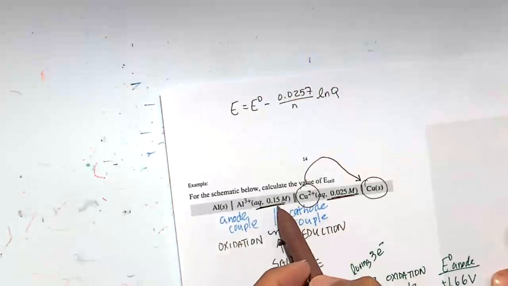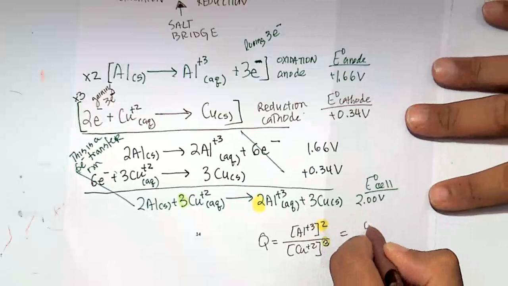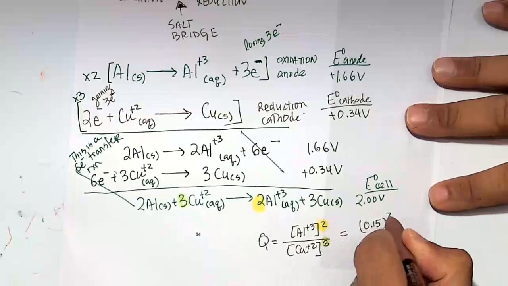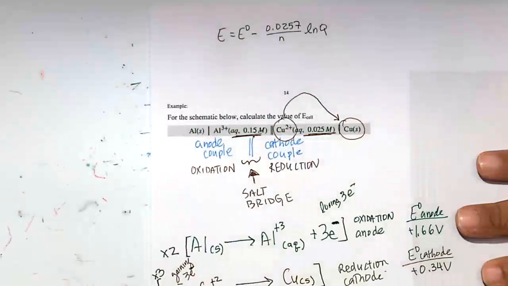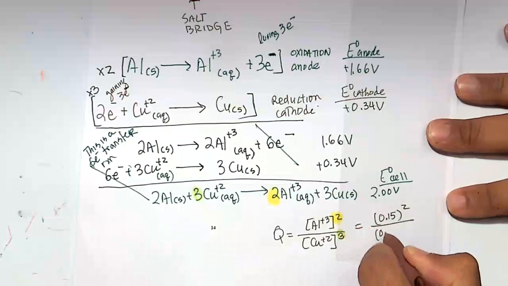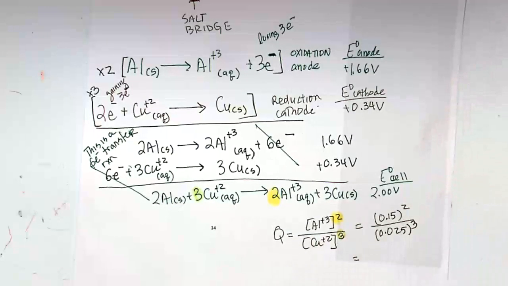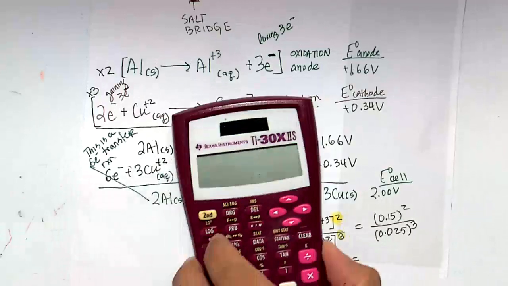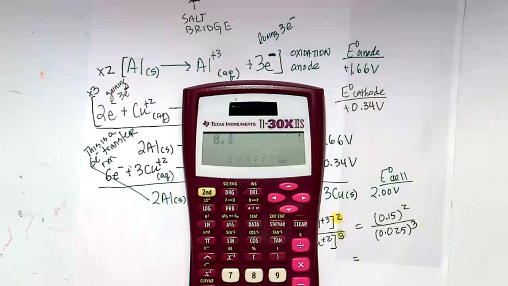So Al3+ squared is 0.15 squared, and Cu2+ is 0.025, and we're going to cube that, 0.025 cubed. So 0.15 squared divided by 0.025 cubed. What are we going to get?